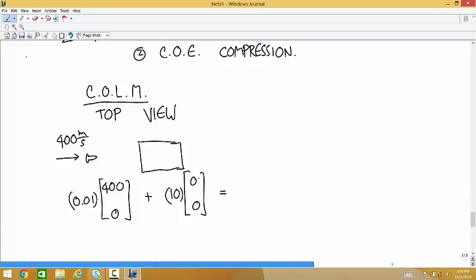This is an inelastic collision, which means after the collision, these two things act as if they're a single object. So now we have a combined mass of 10.01, and we're trying to calculate the velocity after the collision.